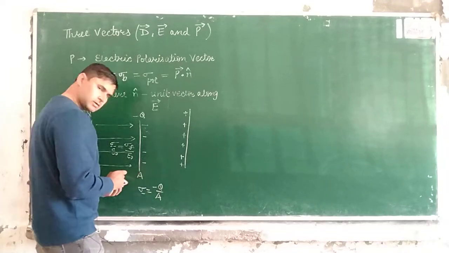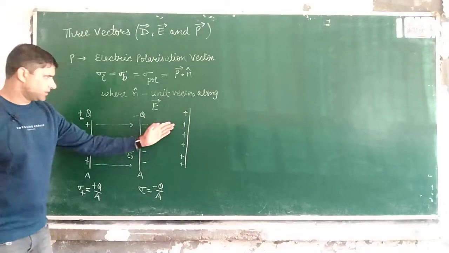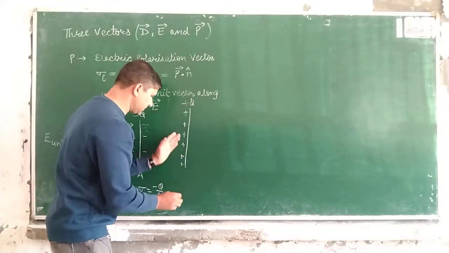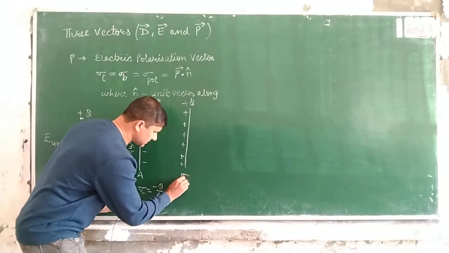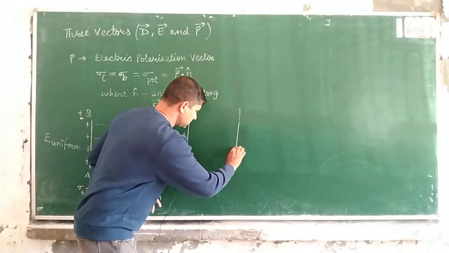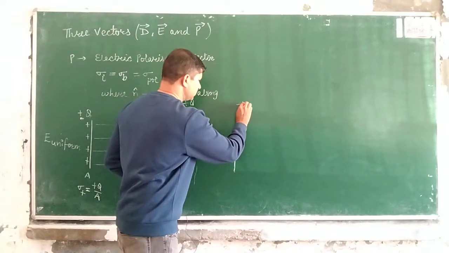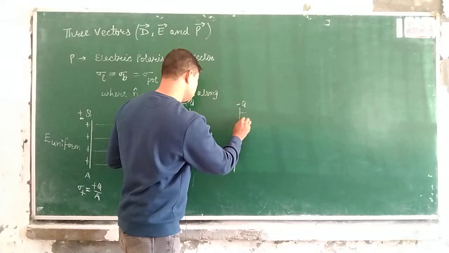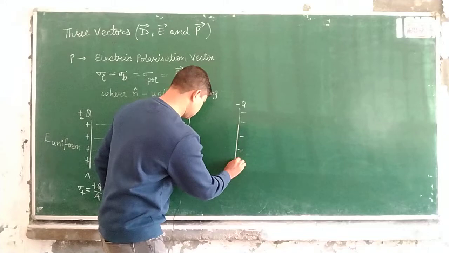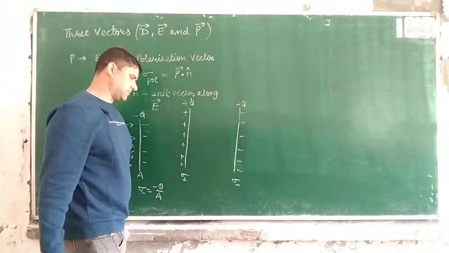So class, here we have a plate, and here charge plus Q is available which is uniformly distributed on the surface of the plate. So here the charge density is positive. And at the same gap, we have another plate which is negatively charged and uniformly distributed on the surface of the second plate. Here the charge density is sigma minus.